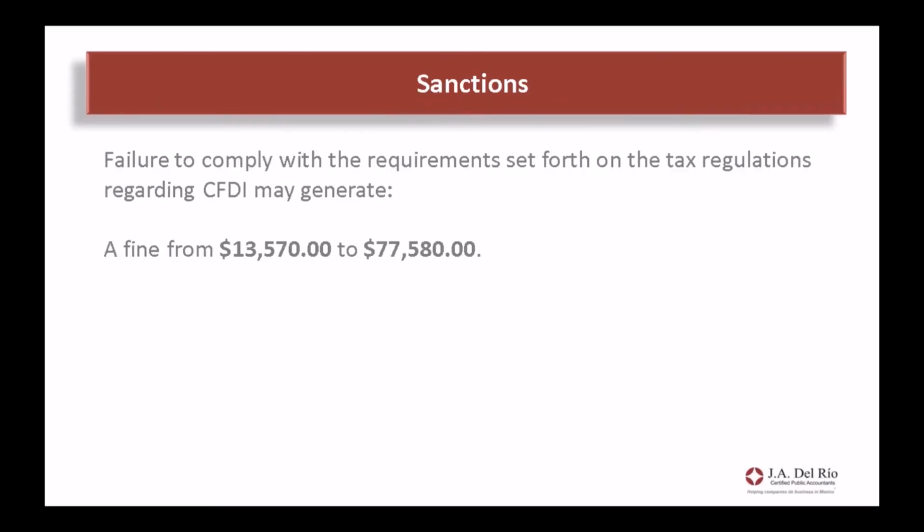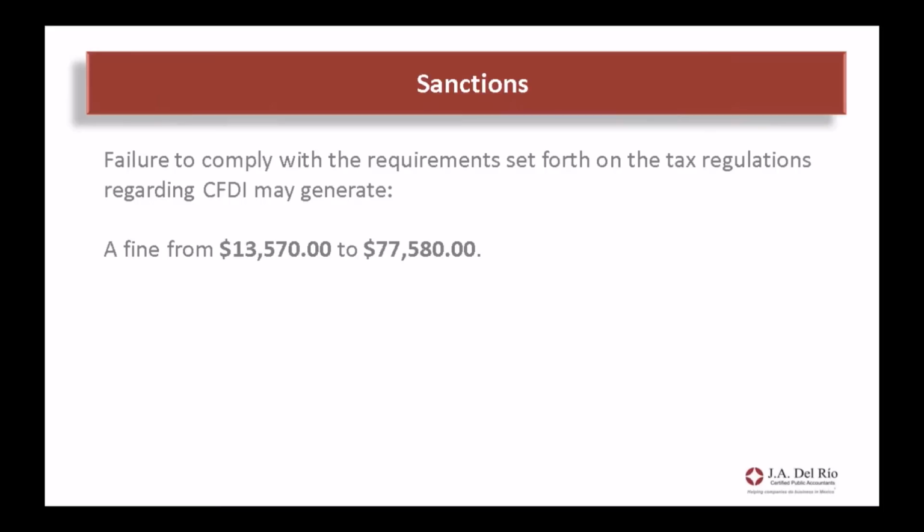So, what can be the possible penalties for not complying with this? We see in the federal tax code that failure to comply with the requirements of the tax regulation regarding CFDI may generate a fine from 13,570 pesos to 77,580 pesos.